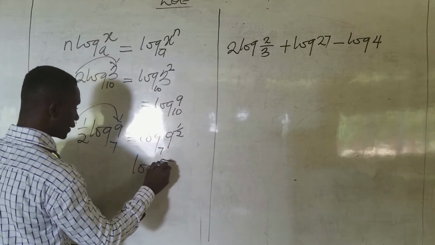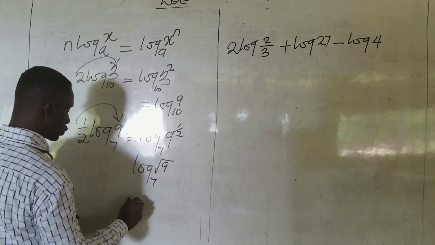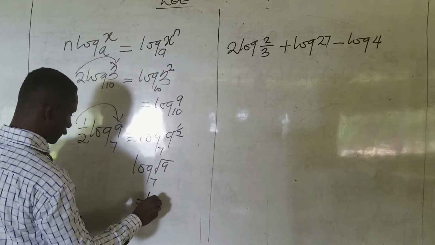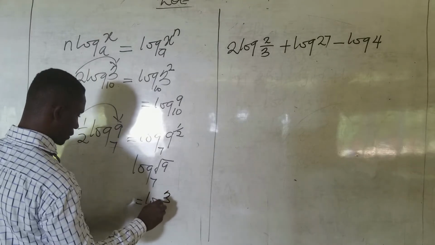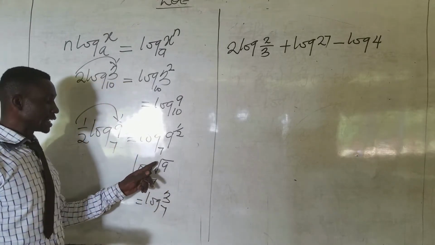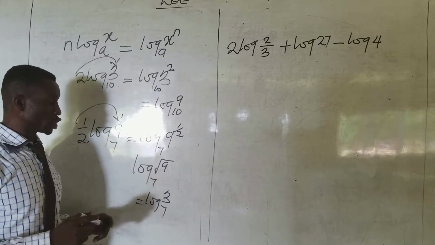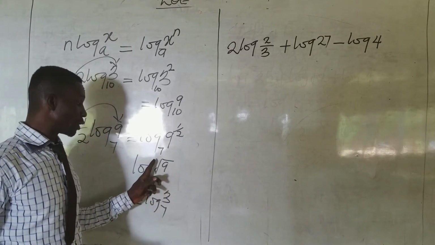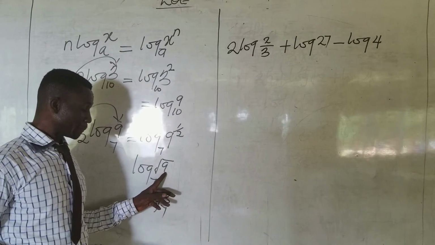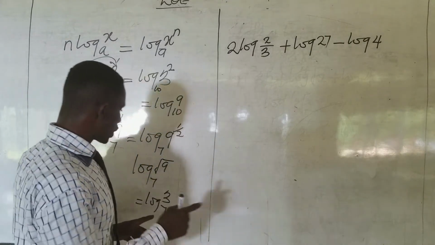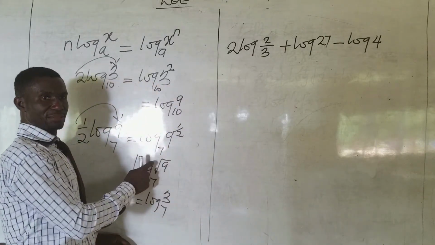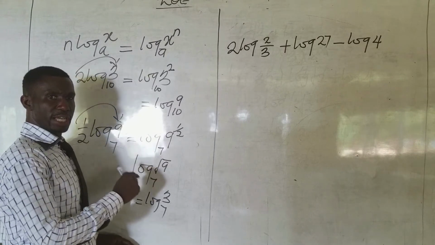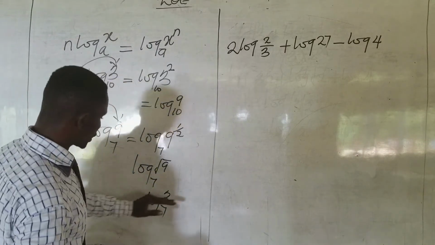So root 9 over 7, which is equal to log of 3 base 7. I didn't write plus or minus because this is not an equation, so we are talking about the positive square root. The minus 3, note, we don't take negative logarithm, as I explained in the definition. So it will give you log 3 base 7.